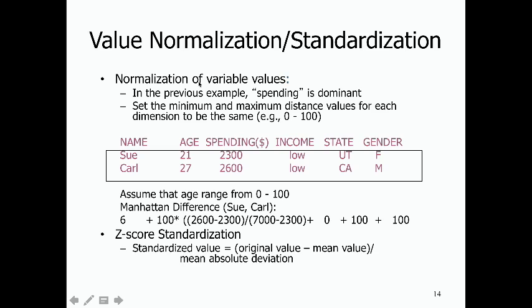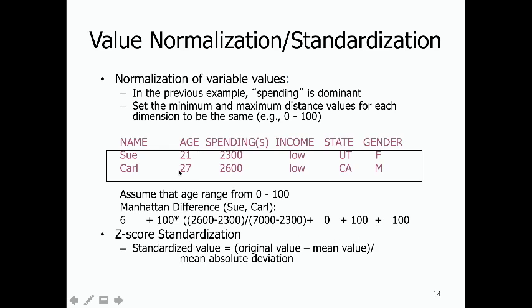Once all the variable values become numeric, their ranges are still different. Then we can do normalization, which is normally considered min-max. This is called min-max type normalization: set the minimum and maximum distance for any attribute to be the same. For example, the minimum distance is 0, and the maximum distance for any attribute can only be as high as 100, and preferably all at 100.